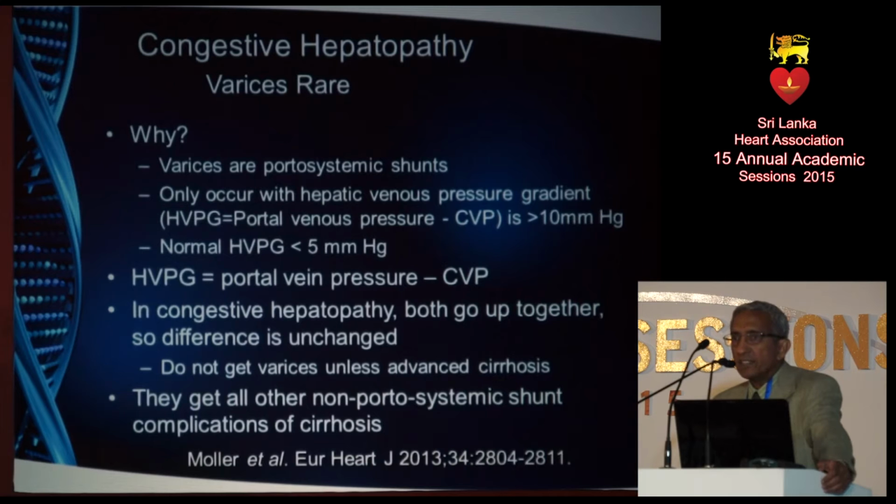So they don't generally get varices until they develop advanced cirrhosis, and generally advanced cirrhosis, as said, doesn't occur too much these days because of the earlier treatment of heart failure, although it can occur with conditions like constrictive pericarditis and so on, which could be missed for years and years and years. Obviously, they will get all the other non-portosystemic complications of cirrhosis.